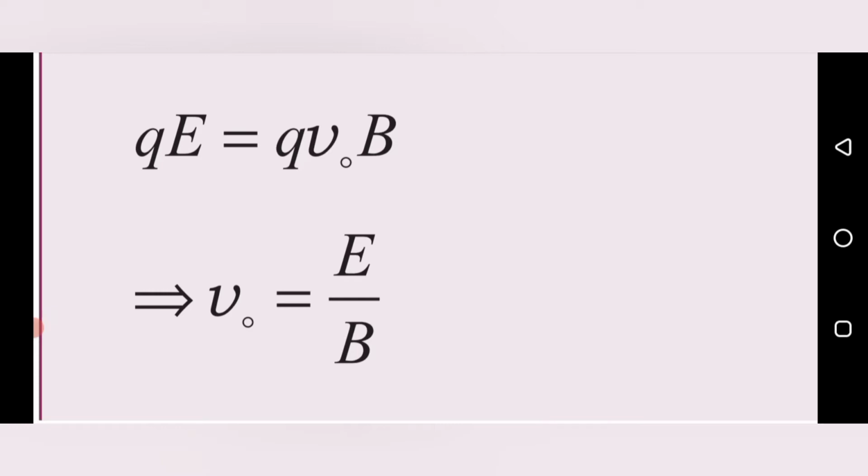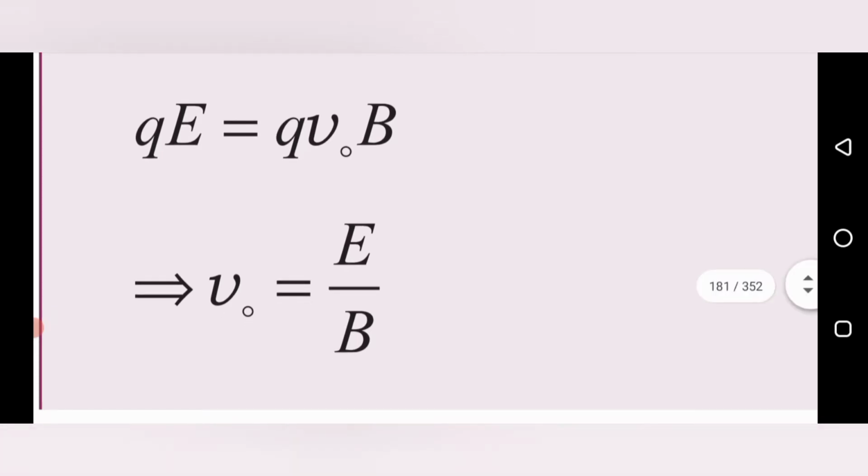The particle is initially taken with velocity V, then it enters the two fields, and its velocity is selected by the magnitude of the electric and magnetic fields. That is why it is also referred to as a velocity selector.